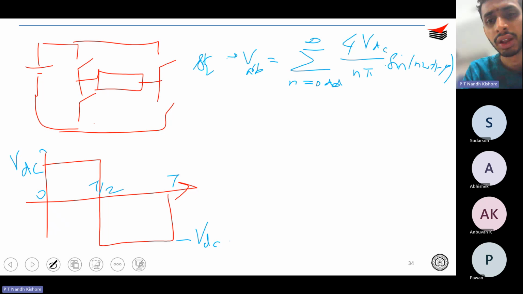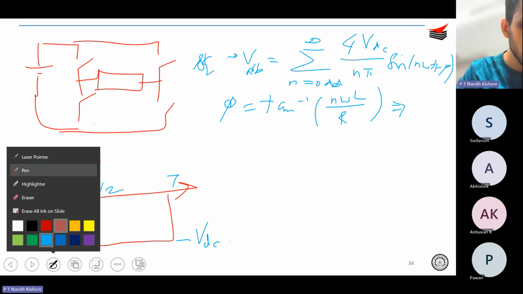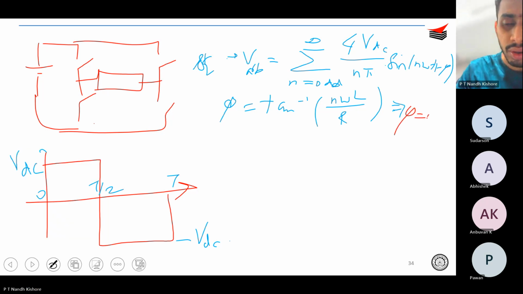This is the formula, where phi is tan inverse of n omega L over R. Simple. It's an RL circuit, right? n is the harmonic number. Over here it's a pure R load. Therefore, phi is 0. You need not worry about it.